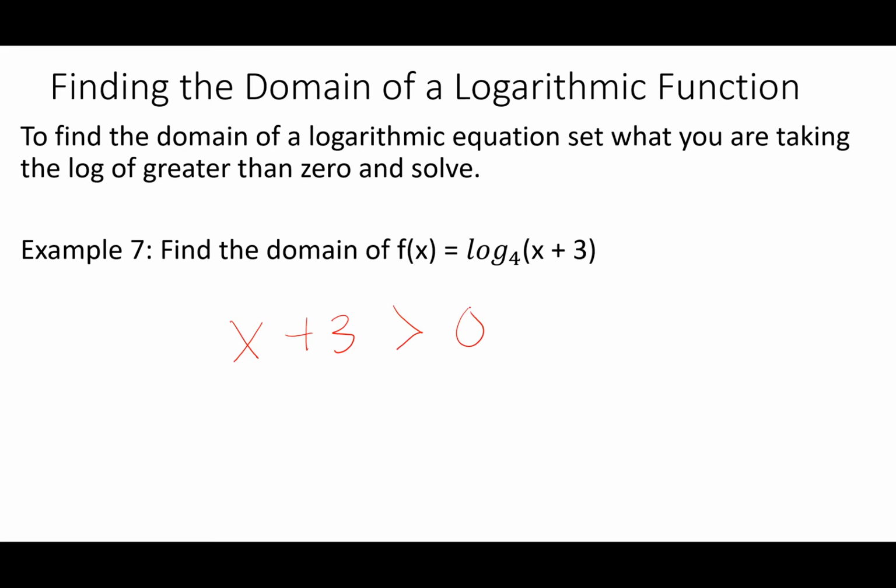It can't be equal. Solve for x. So the domain of this function is x is greater than negative 3. If it asks for it in interval notation, since it's greater than, you would say negative 3 to positive infinity.